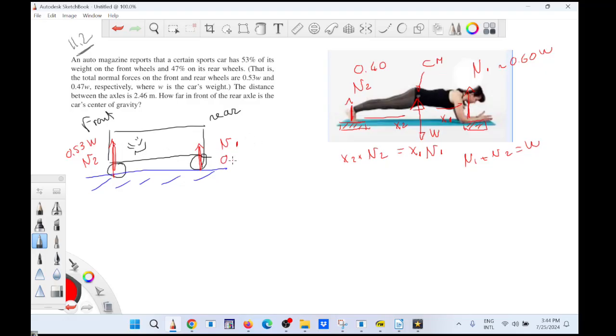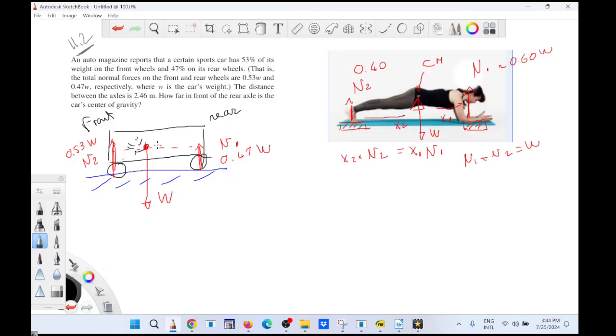So that will be 0.47 times the weight. So the center of mass should be not in the middle, but rather towards here, right? So actually that will be 53% of the distance between the axles, and that will be 47% of the distance, but we can show that. So anyway, that's going to be the weight.